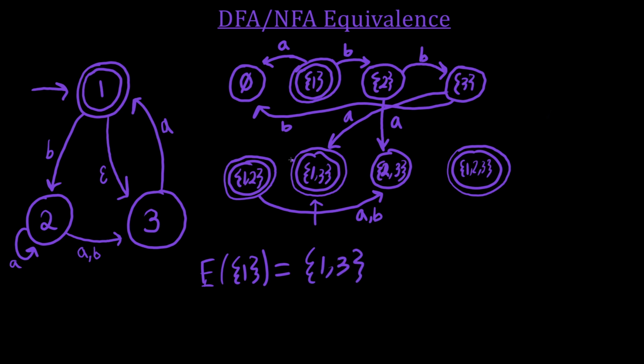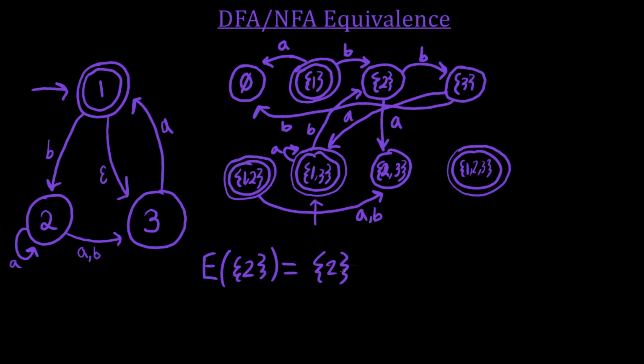Therefore, we're going to have a self loop from 1, 3 back to itself on the character A. Great. Now for the character B, it looks like we can reach state 2, and that's it. So we're going to take the epsilon closure of the set containing 2, and that's just going to be the set containing 2. So on the state 1, 3, we're going to transition to the state 2 on the character B.